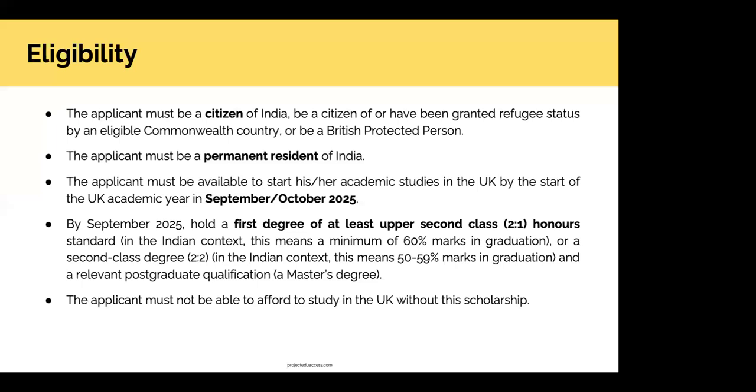By September 2025, you must hold a first degree of at least upper second class honors, which in the Indian context means a minimum of 60% marks in graduation, or a second class degree, which in the Indian context means between 50 to 59% marks in graduation. If your percentage falls within 50 to 59%, you must also have a relevant postgraduate qualification. Lastly, the applicant must not be able to afford to study in the UK without this scholarship.